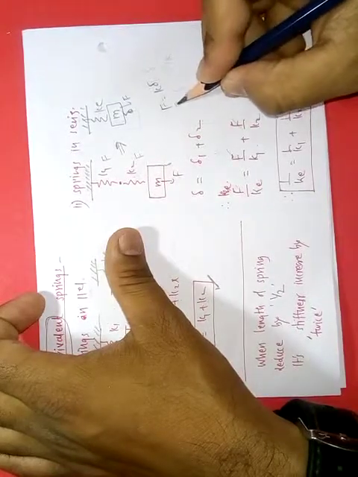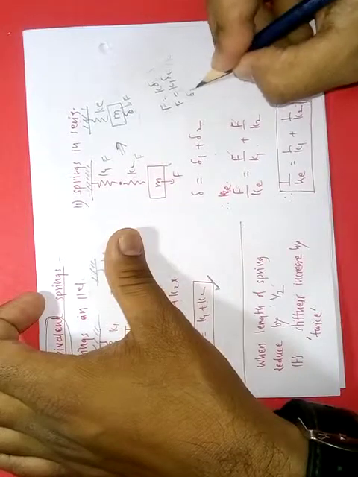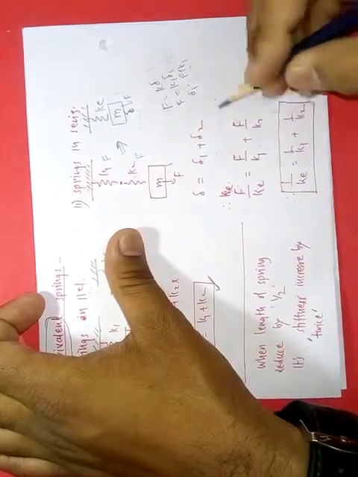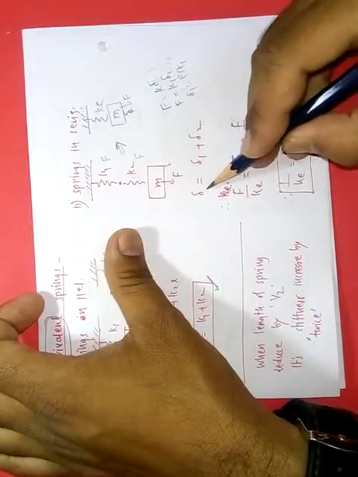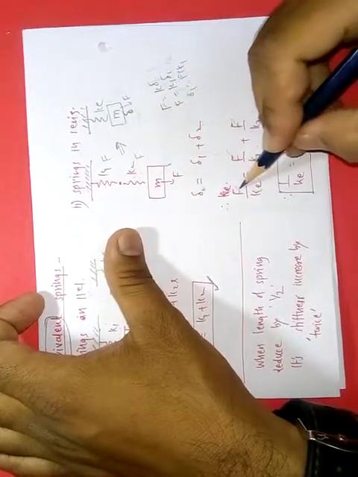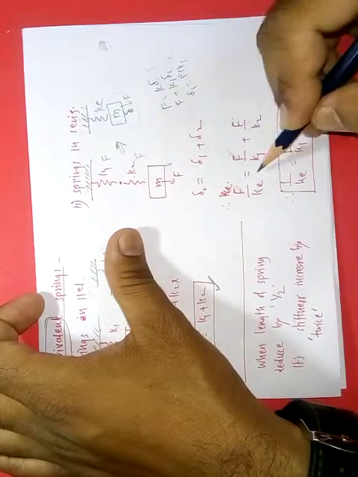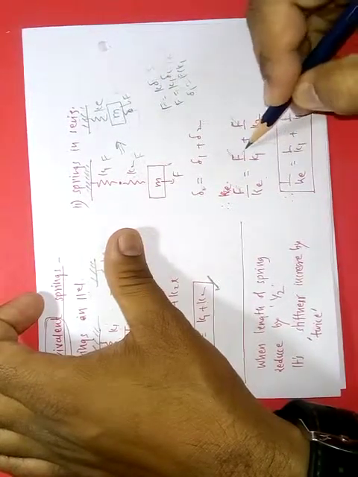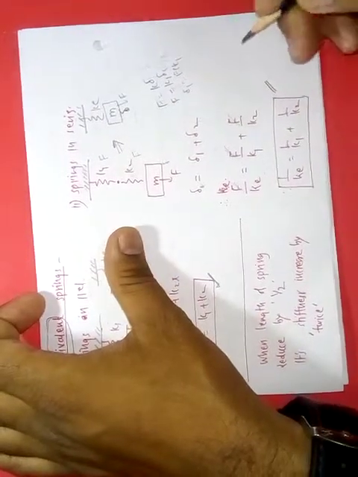So in case of the first spring, F is equal to K1 del 1, so del 1 is F upon K1. Similarly del 2 will be F upon K2, and del equivalent will be F upon Ke. Then cancelling common terms, we get 1 upon Ke is equal to 1 upon K1 plus 1 upon K2. So this is for series arrangement.